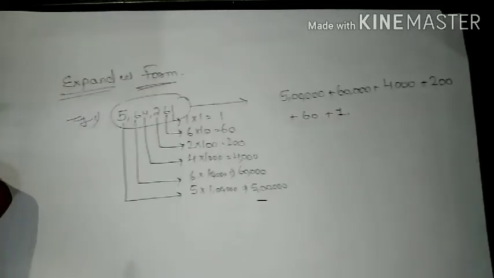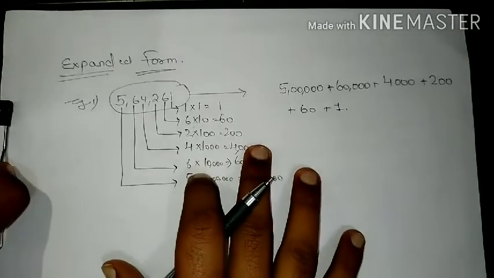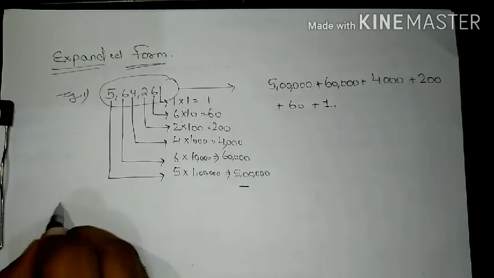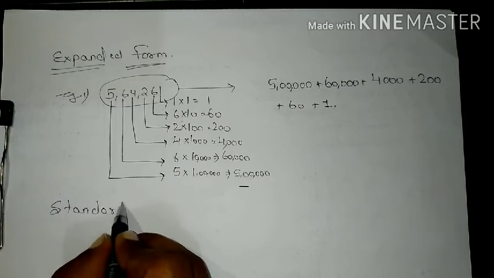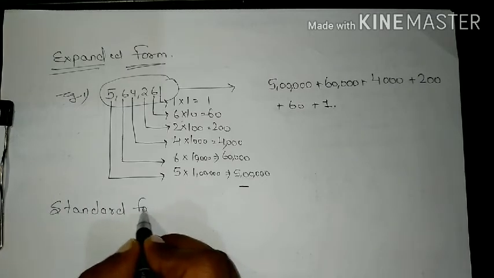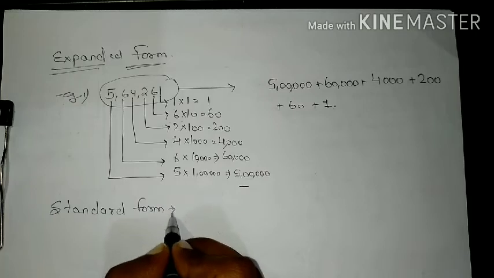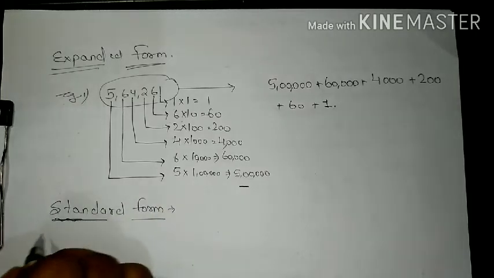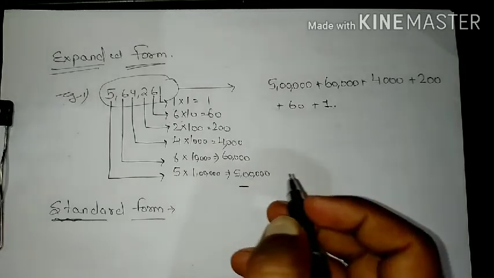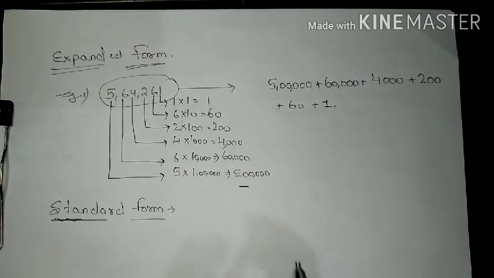So the next thing that you will be understanding is standard form. So what is a standard form? A standard form is a way of representation of the numbers.